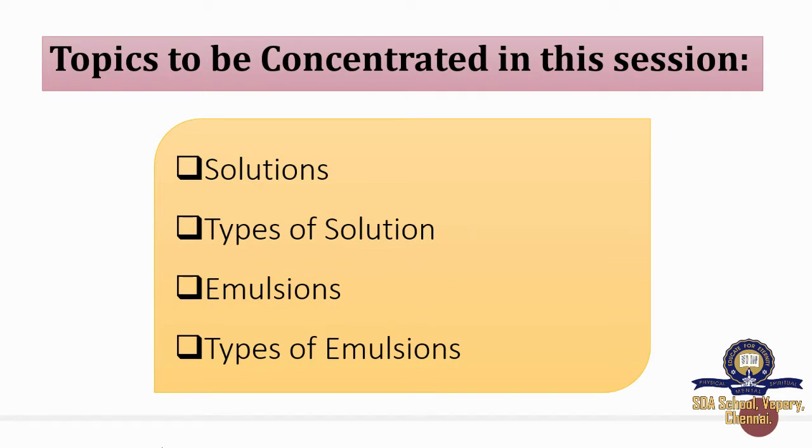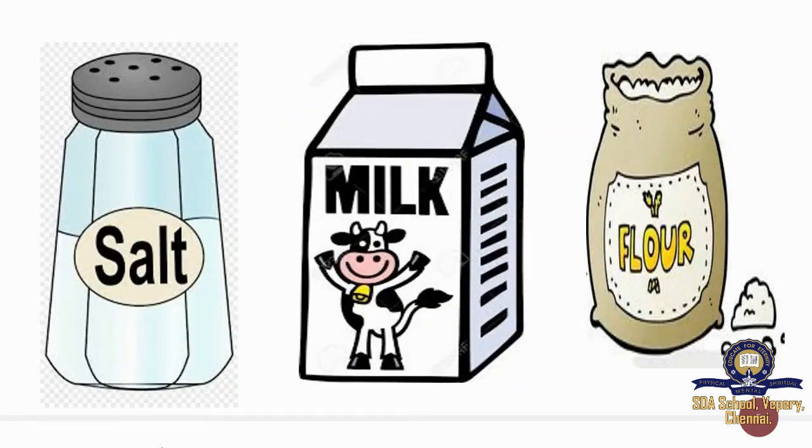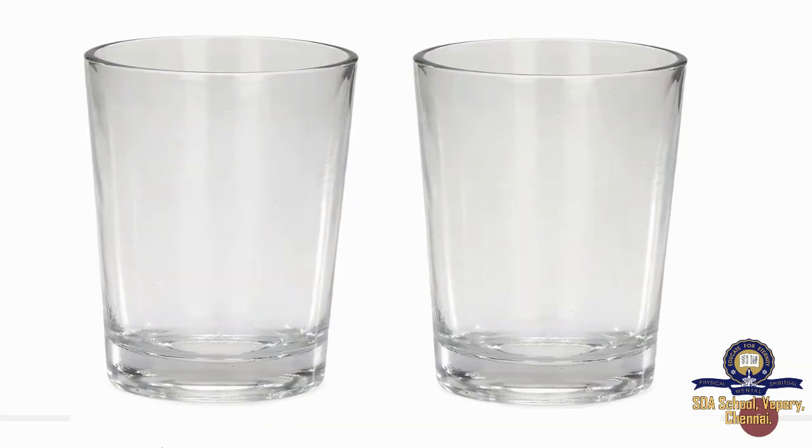Yes. So let's do a small activity. Take salt, milk, and flour. If you don't have flour at home, you can use sand. Take these 3 ingredients and have 3 transparent glasses. In the first glass, mix salt and water.